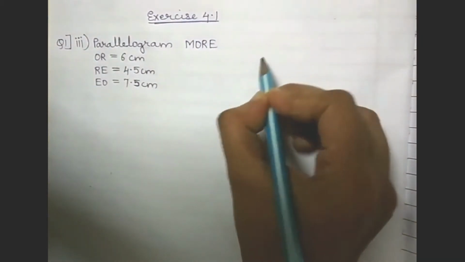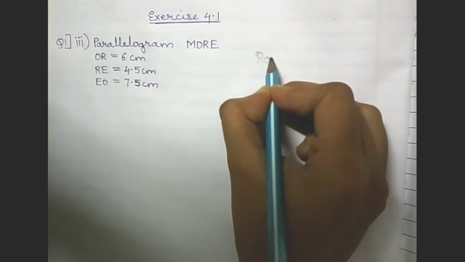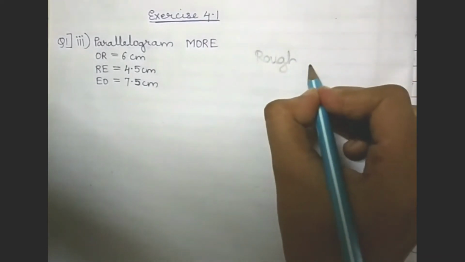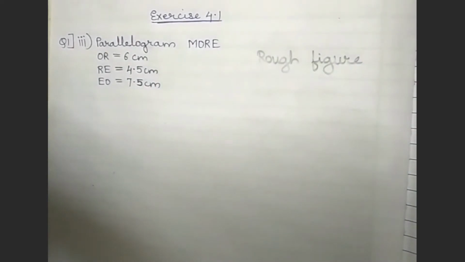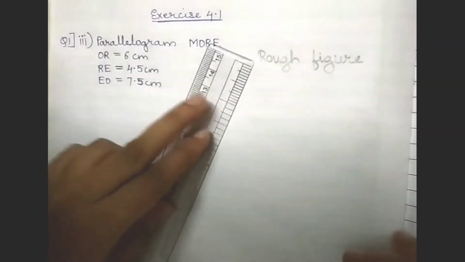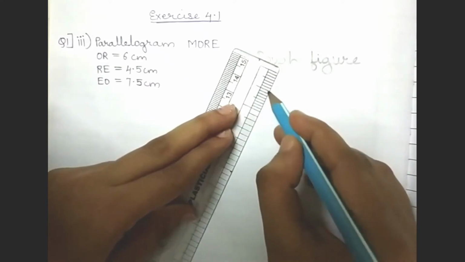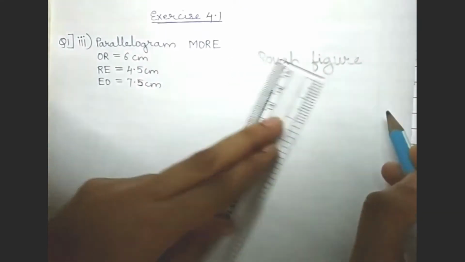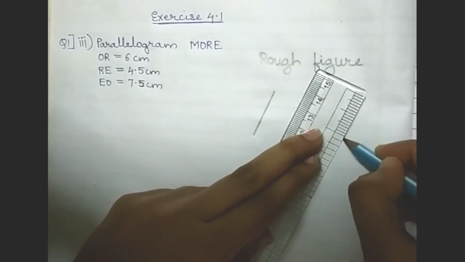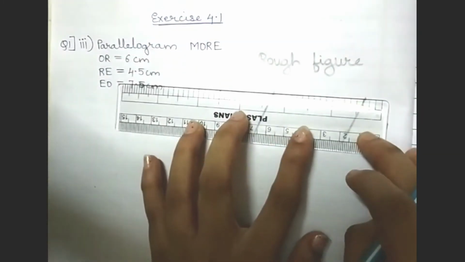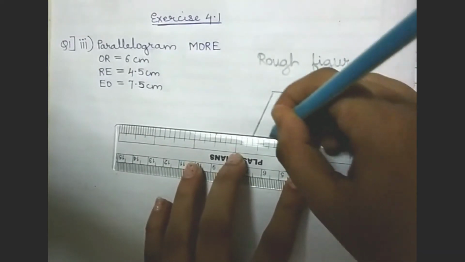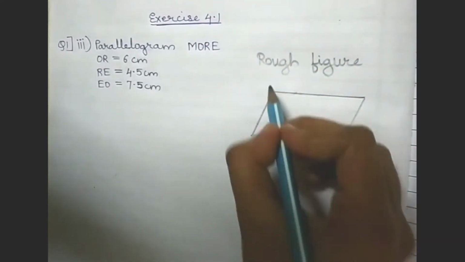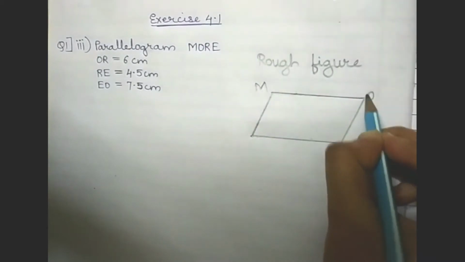So at first we will draw the rough figure. This is a parallelogram, so it will be something like this. MORE.